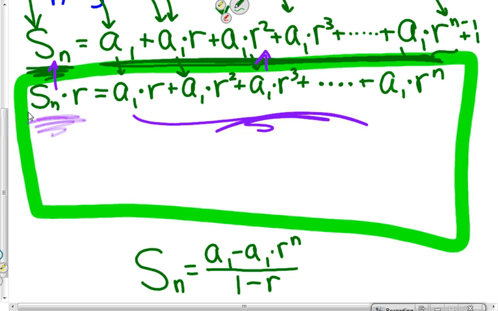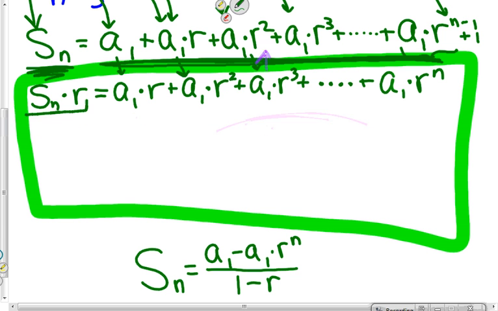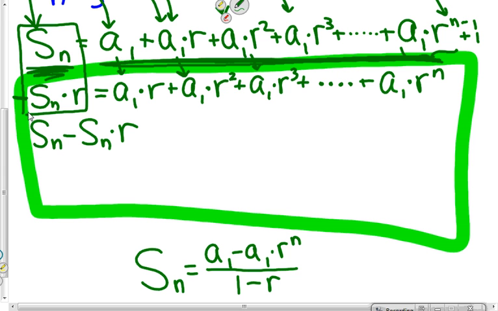Is that legal? Yes? Okay. So on the left side, tell me what this would look like if you subtract: S sub n minus S sub n times R. That's what this rectangle would look like if I wrote it with a subtraction sign, okay?